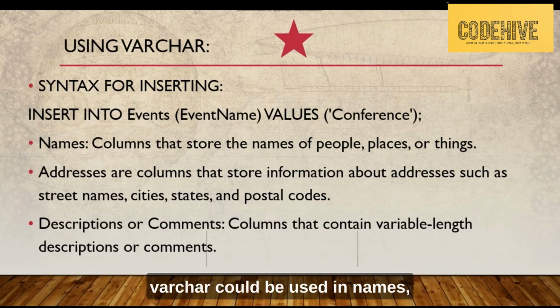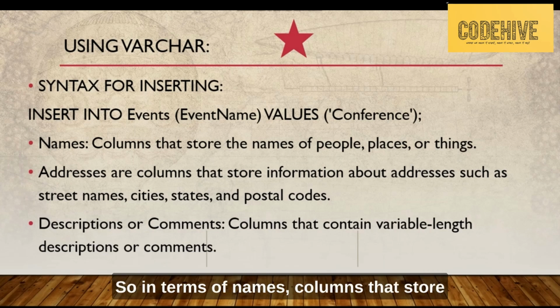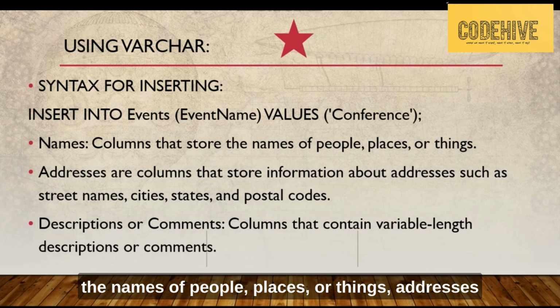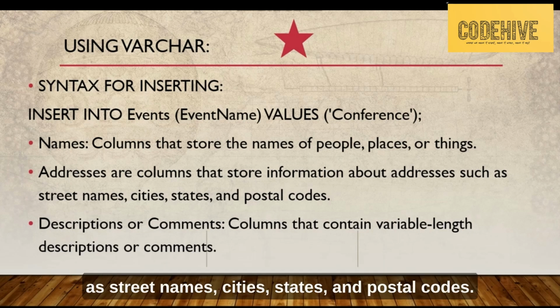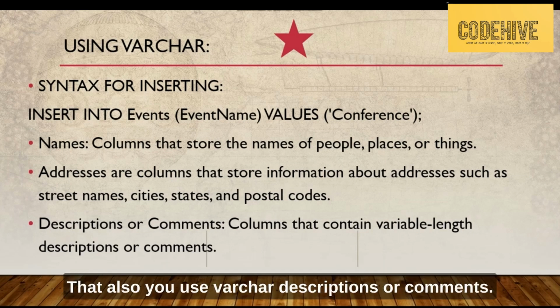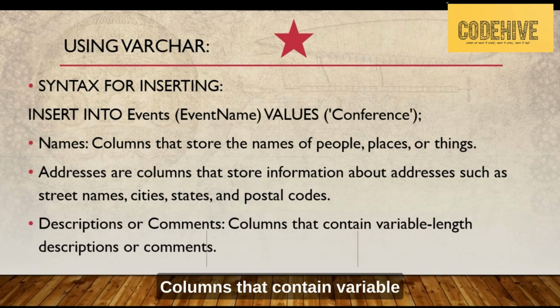Varchar could be used for names, addresses, as well as descriptions. Names are columns that store the names of people, places, or things. Addresses are columns that store information such as street names, cities, states, and postal codes. Descriptions are columns that contain variable length descriptions or comments.